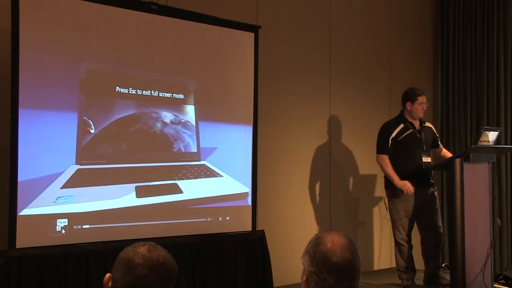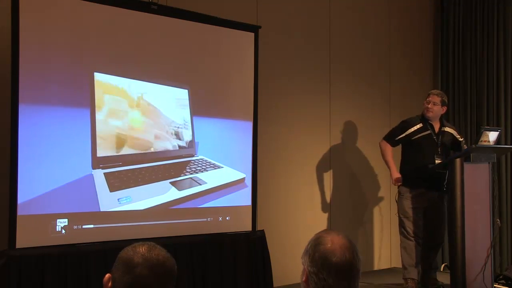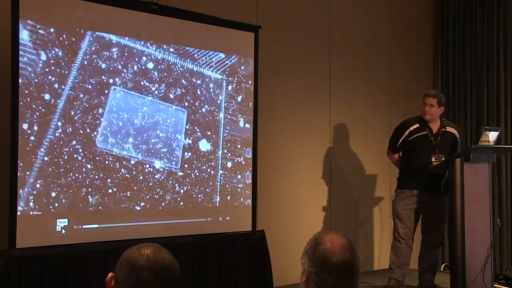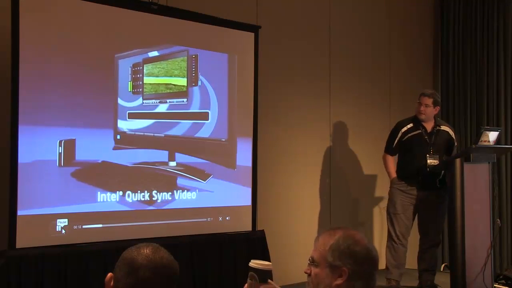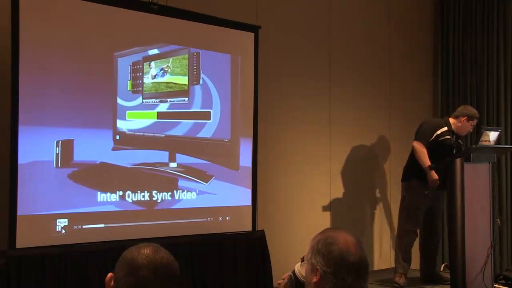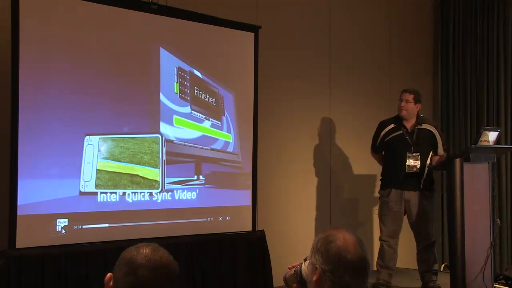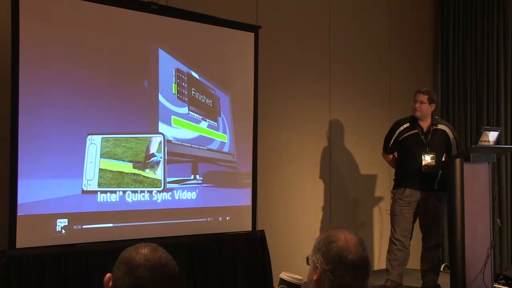Visuals, a suite of technologies integrated into the processor that delivers stunning visual experiences. Let's take a closer look at these graphics and visual technologies. Intel QuickSync Video uses dedicated hardware to accelerate video encoding, enabling blazingly fast synchronization of videos across devices or when sharing videos on the internet.